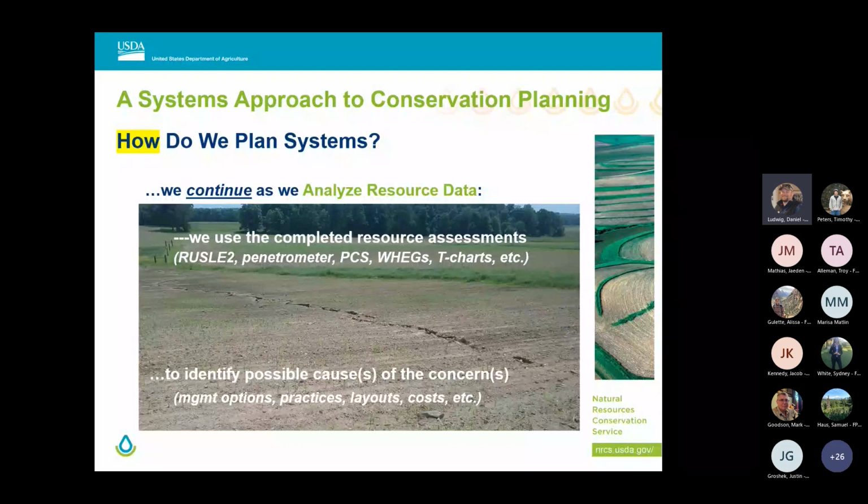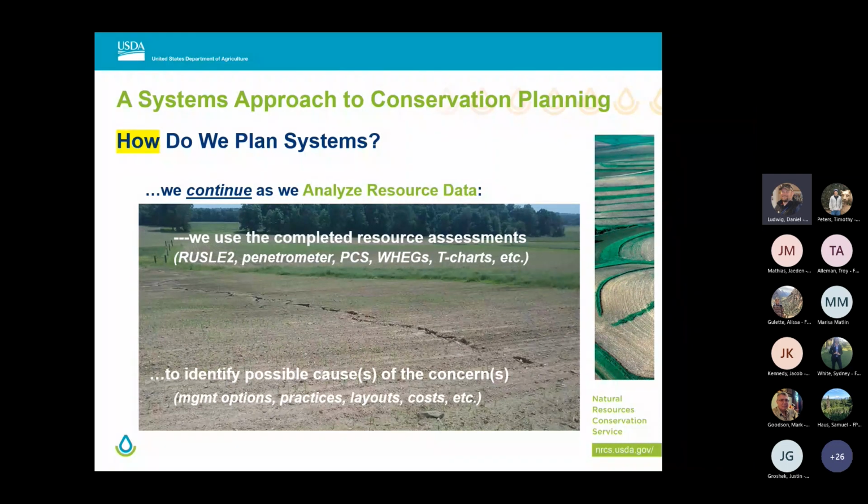We continue as we analyze the resource data. Okay, we use the completed resource assessments. By now everybody should be familiar with running RUSLE2, calculating what the expected erosion losses are, in sheet and rill.